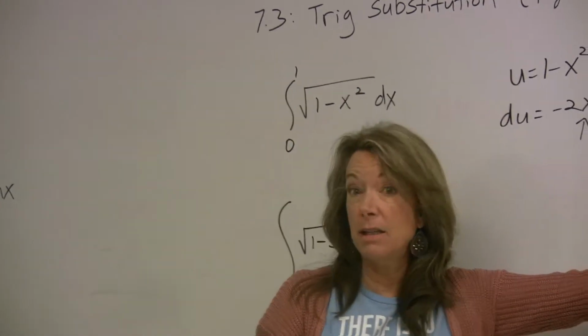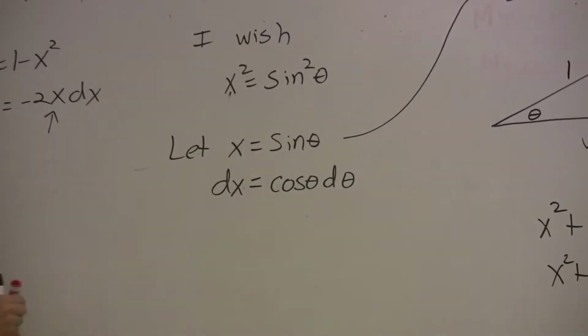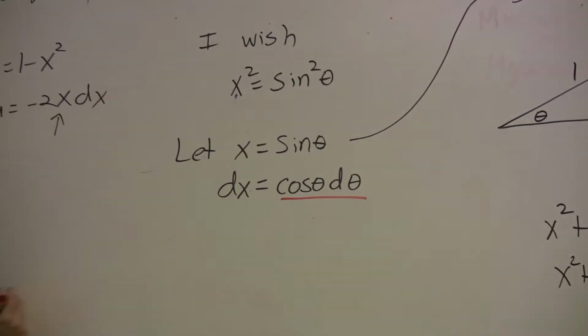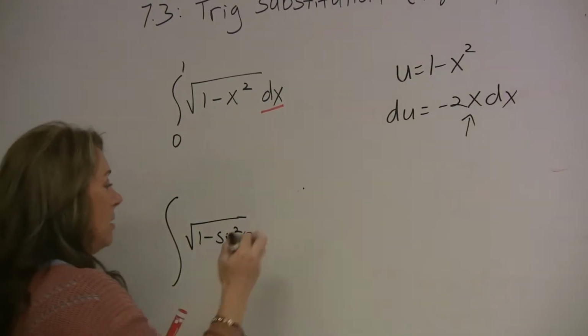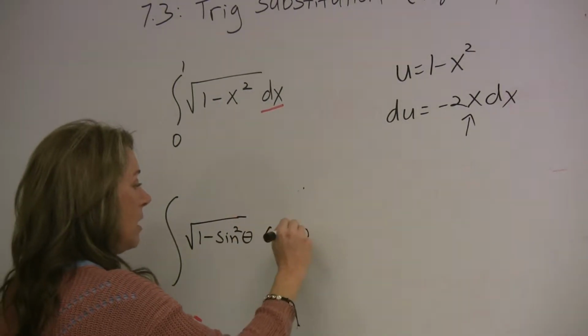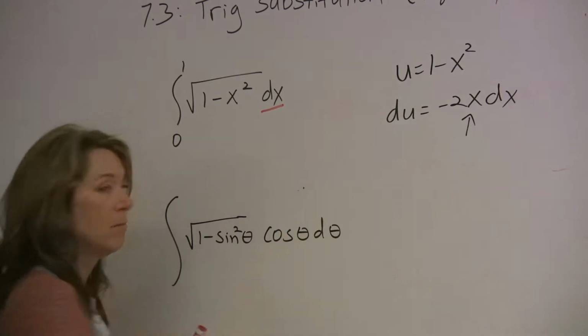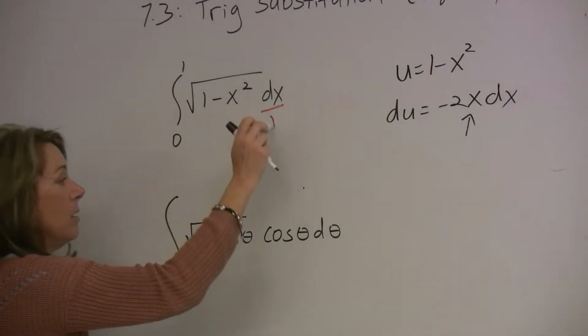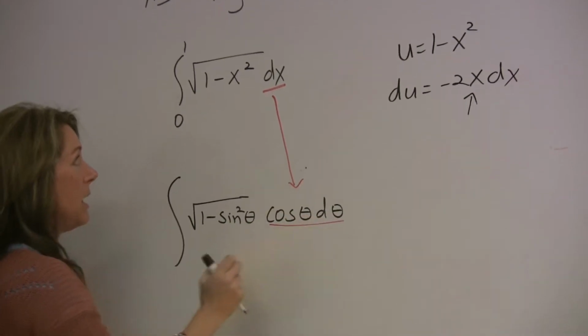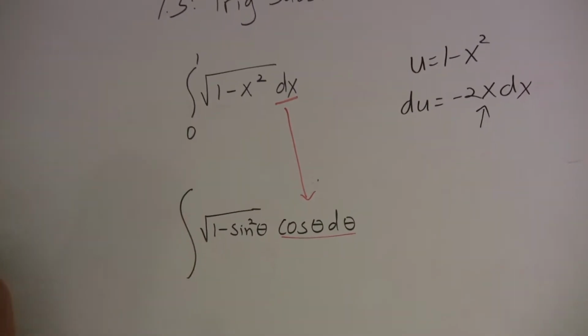Cosine theta d theta. So dx is going to get replaced by all of this. Cosine theta d theta. So I substituted my dx and I substituted in my x.